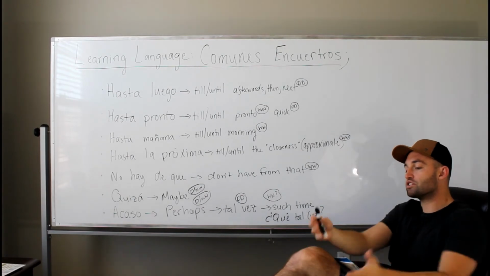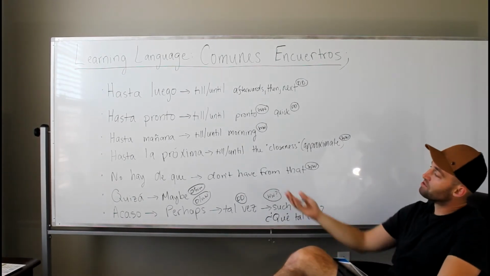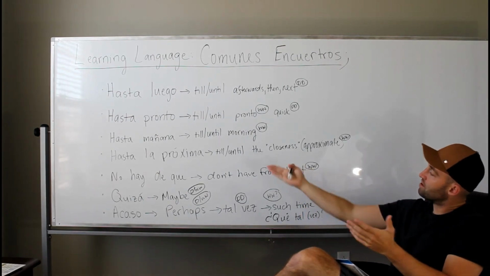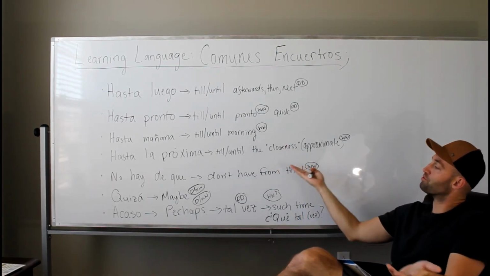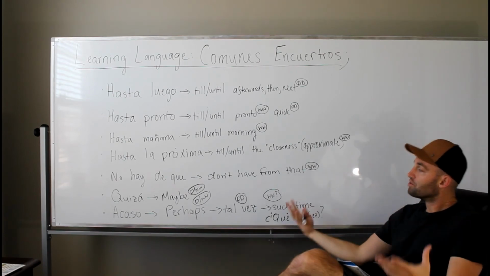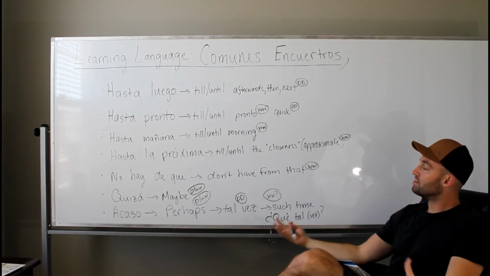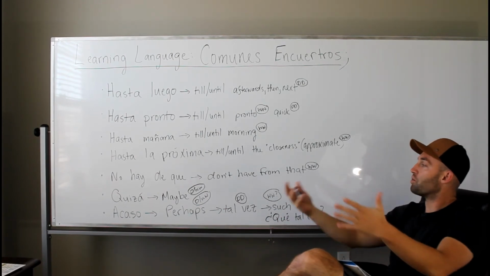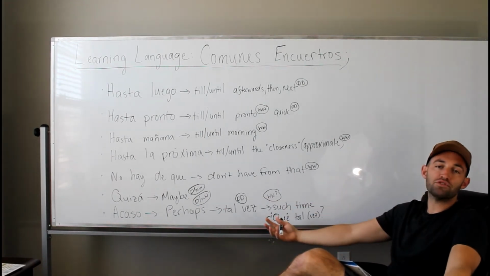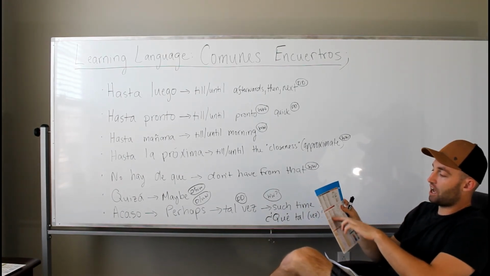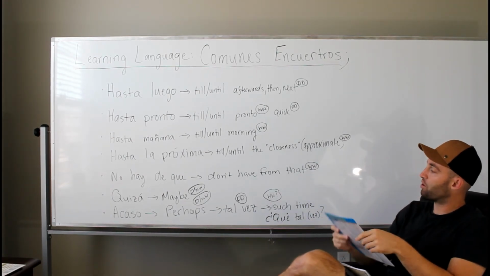It's approximately, it's local, it's near. I would say la próxima semantically means near, closeness, until the closeness. In the context we're speaking, hasta la próxima, whatever we're saying, we're anticipating it's going to happen soon. And again, these are all phrases off the encounters, los encuentros, on the Spark Notes.